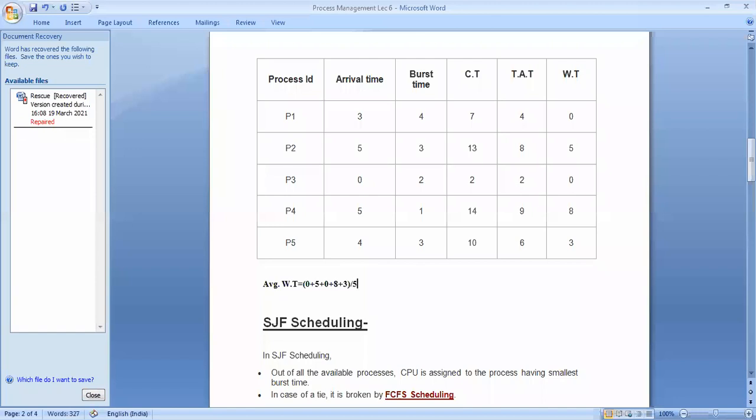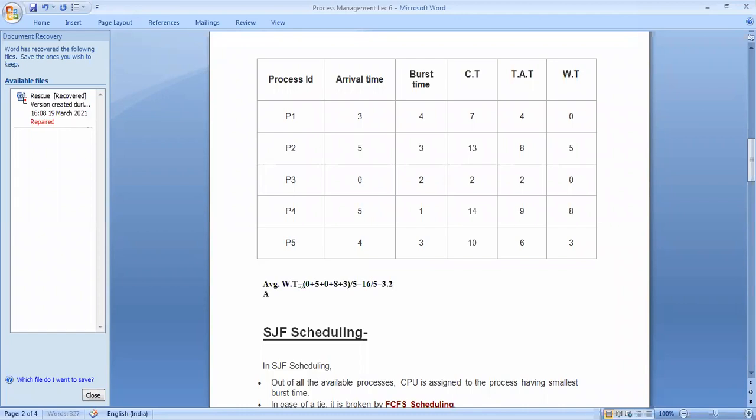So that means 5, 8, 13, that is 16 by 5. Yes, so 16 by 5 equals 3.2. If the unit is given in your exam paper, maybe millisecond or second, then you can write the unit also.